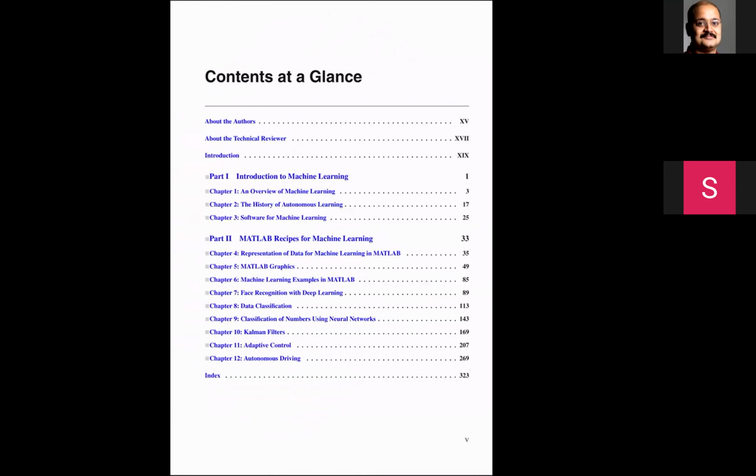So basically, this is the textbook. The reason I like this textbook is because, unlike what we have been talking about, where we looked at a lot of machine learning examples, when it comes to deep learning or solving neural networks, which have multiple layers, we resorted to the standard MATLAB toolbox.